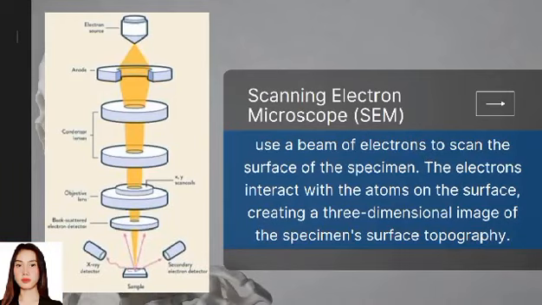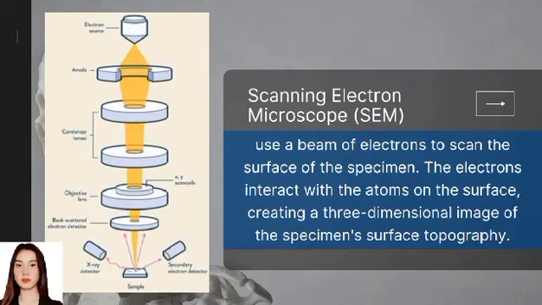Now, let us move on to its other type, the scanning electron microscope or the SEM. SEM uses a beam of electrons to scan the surface of the specimen. The electrons interact with the atoms on the surface, creating a three-dimensional image of the specimen's surface topography.